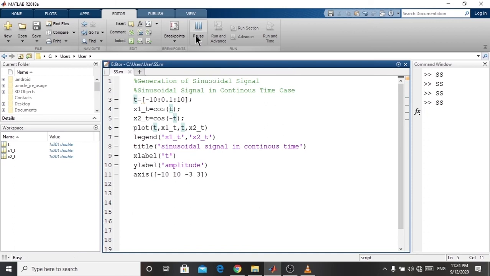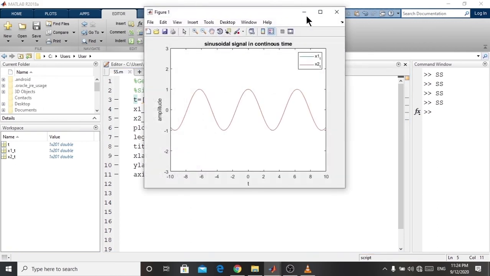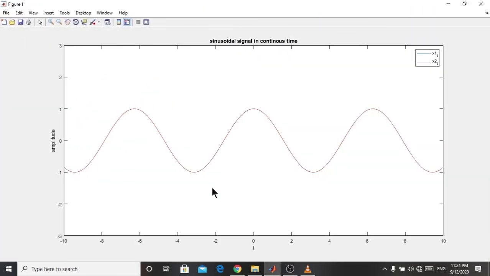When we run the command, we get the signal. Here x1 of t is under x2 of t, that's why we can't see it. From this we can conclude that when we subject a cosine function to time reversal, we get the cosine function itself. That is cos of minus x is equal to cos x. Its mirror image is the same as its original signal.